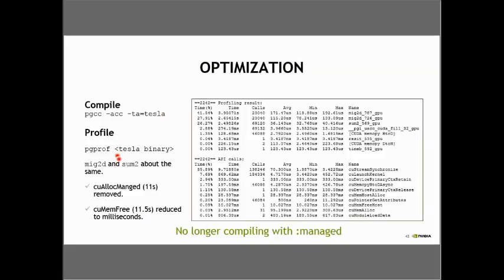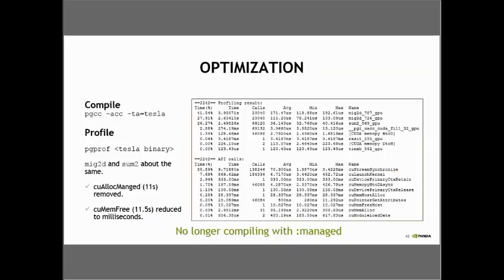So use PGPROF, and this is the output from it. Notice that now there's some interesting updates on the amount of time that's being spent in particular routines. We're getting some better distribution of work because we did some collapse. And most importantly, we're not having as many memory operations.